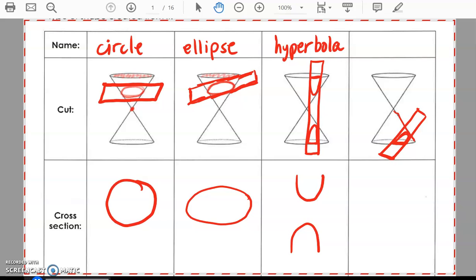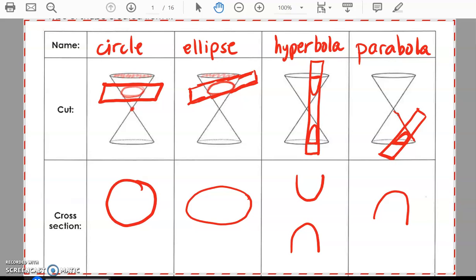Really what you're creating is a shape very similar to the hyperbola. Hopefully this visual is helpful, but we'll get into the shapes more. This is called a parabola, and from Algebra 2, you have studied parabolas. So these are the 4 shapes we're going to look at.